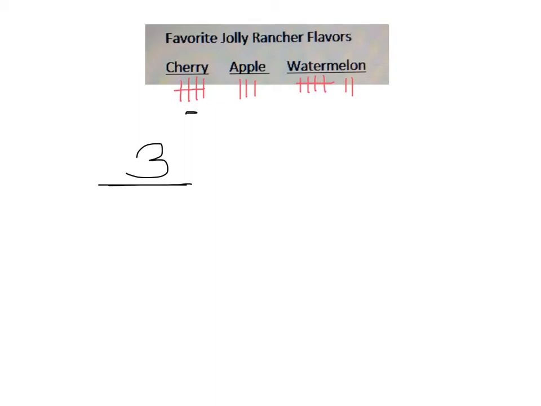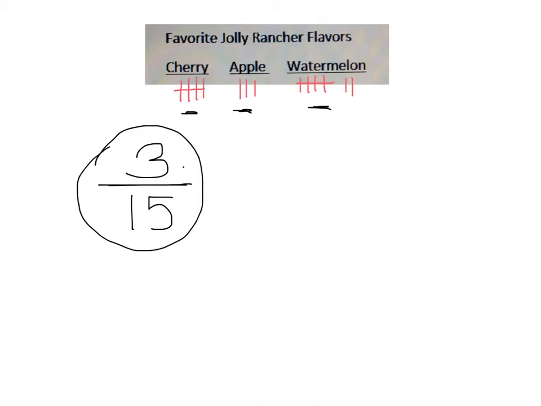Well, 5 for cherry plus 3 for apple plus 7 for watermelon all adds up to 15. So the fraction of students that chose apple or voted for apple is 3/15. 3 out of 15. 3 chose apple out of 15 students altogether.